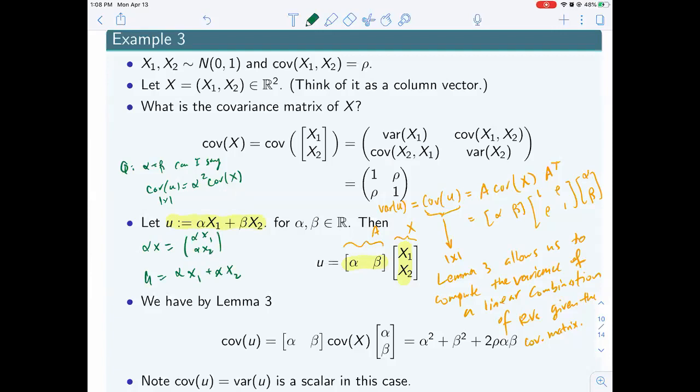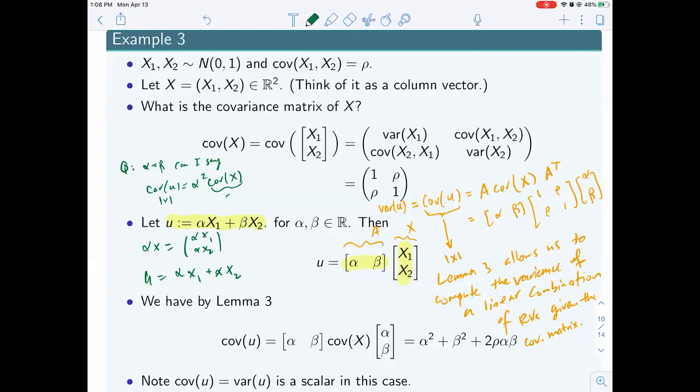Which one was 1 by 1? And what was the dimension of alpha squared covariance of X again? So what is the dimension of the covariance of X? It would be 2 by 2. It's always 2 by 2 because X is a 2 by 1 vector.